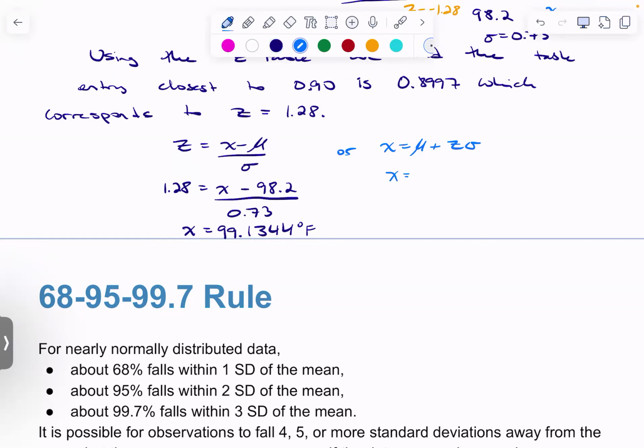Or 98.2 plus 1.28 times 0.73. Making sure that you multiply those two together before you add them to 98.2, but you will find that x is still 99.1344.